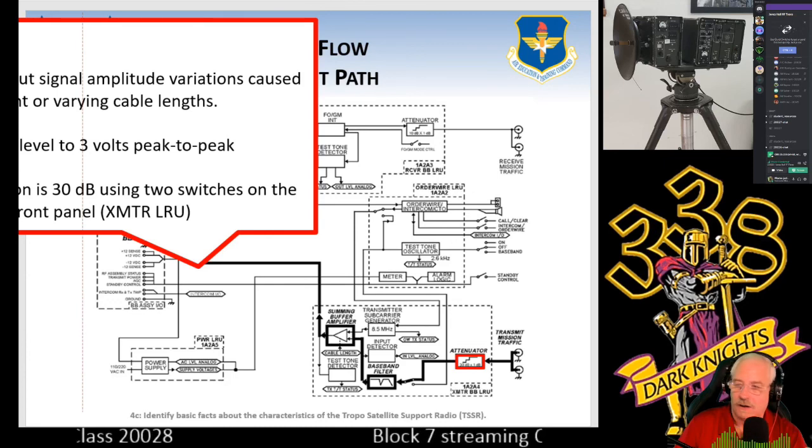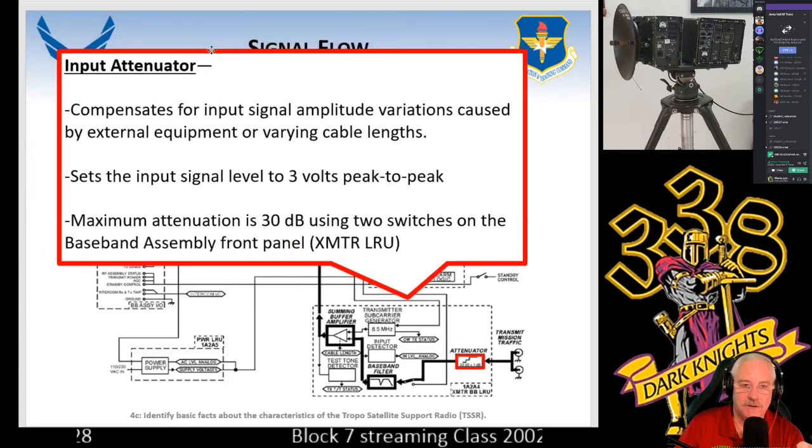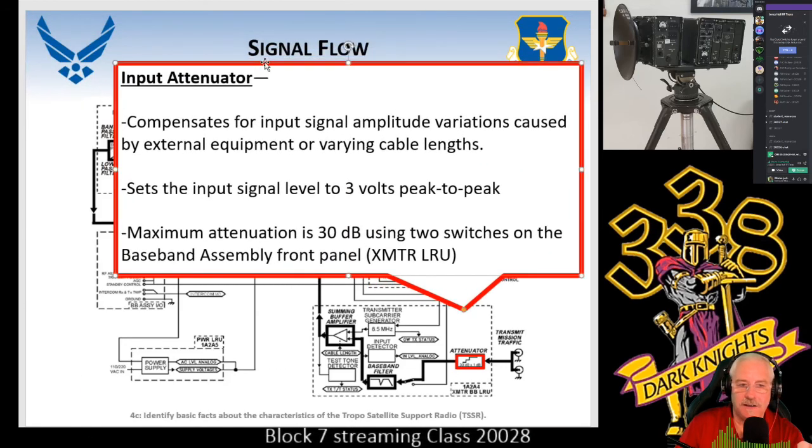We are starting at the bottom right-hand side where it says transmit mission traffic. So the idea here is on the back of the baseband assembly, there's a Canon plug or there's 2 BNC cables.